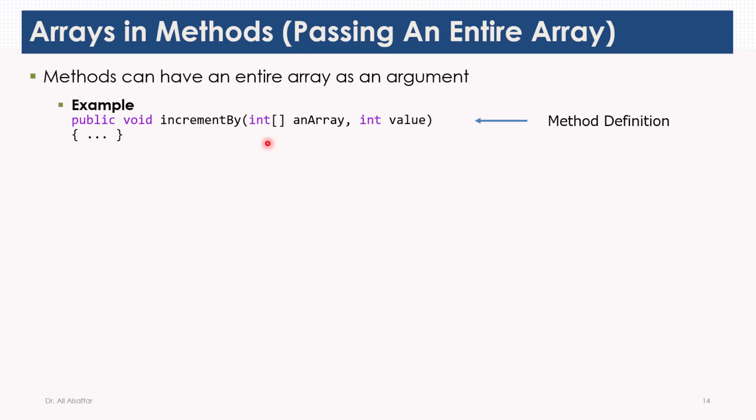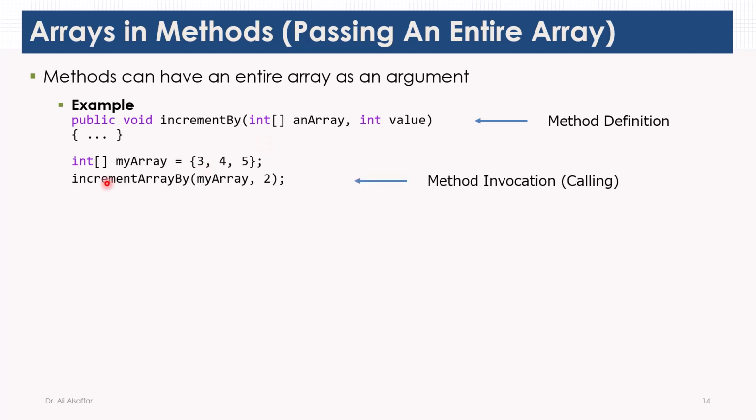Now, how to call this method? Imagine you have an array of integers that is initialized with the constants 3, 4, and 5. And now how to pass this array as an actual parameter to the method? Simply, you write just the name of the array. So you don't need to specify brackets, and you don't need to specify the length of the array. All that you have to do is simply supply the name of the array.